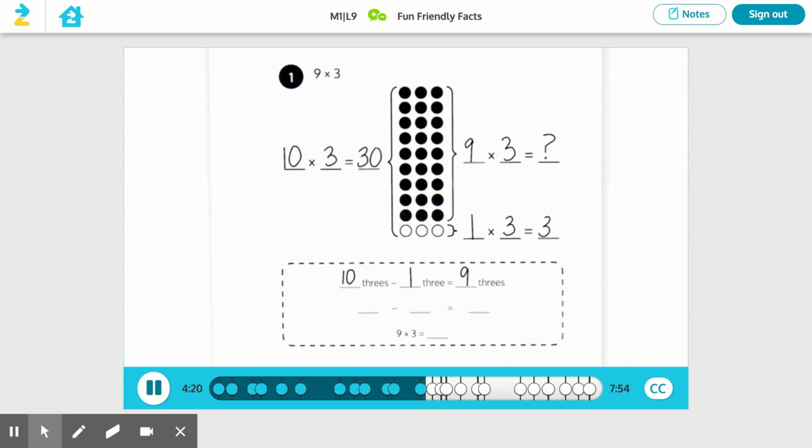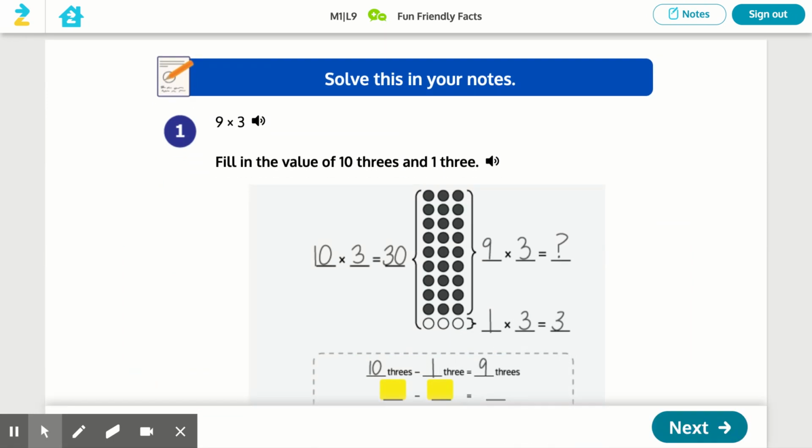Now let's write the number sentence. What does 10 threes equal? What does 1 three equal? Well, 10 3 times is 10, 20, 30.